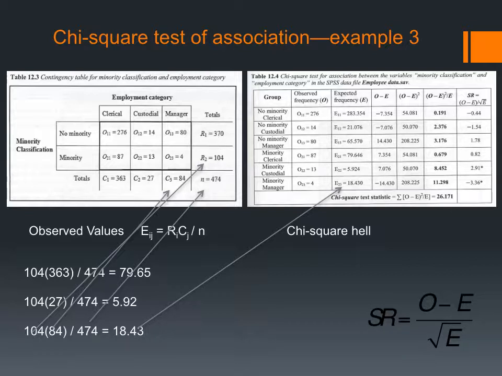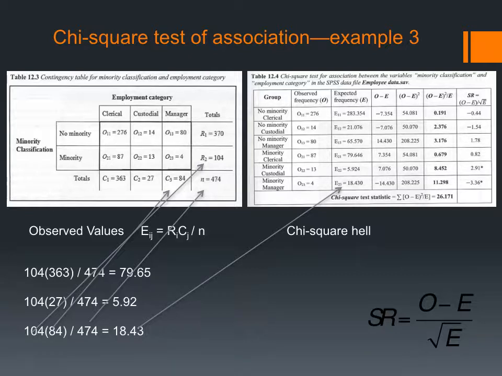For example, negative 7.354 divided by the square root of 283.35 equals negative 0.44. Again, 14 minus 21.076 divided by the square root of 21.076 is negative 1.54.